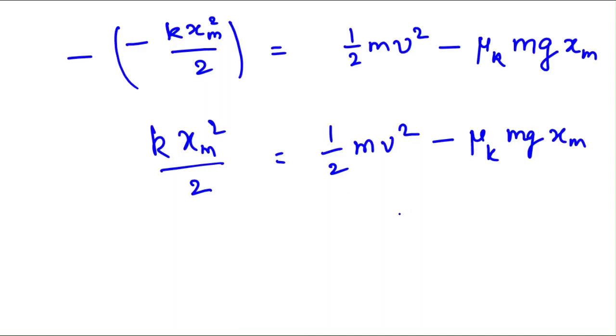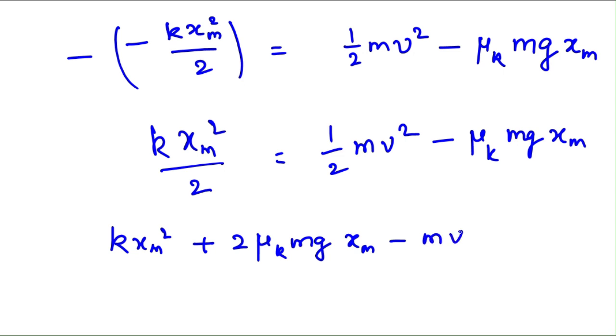So now this is complete, and you can rearrange the terms to get k xm square plus 2 mu k mg xm minus m v square equals 0. And you have a quadratic equation now. So you can solve this quadratic equation and get the answer here.